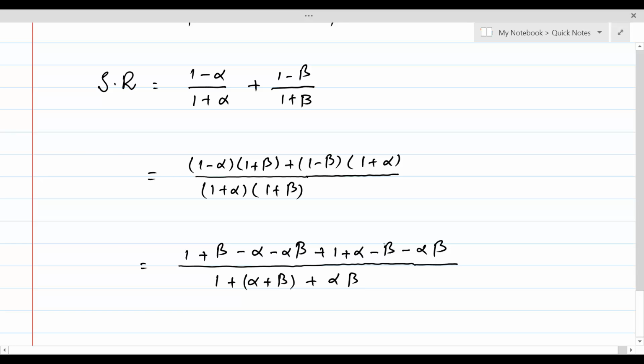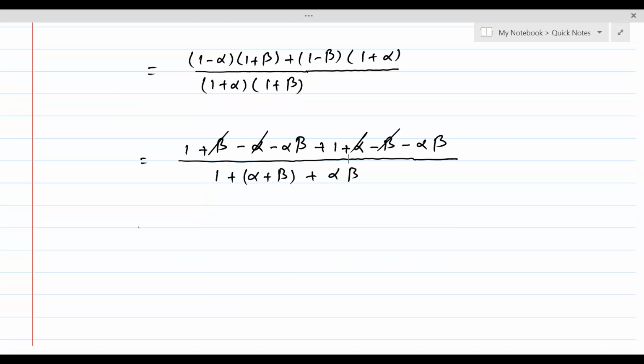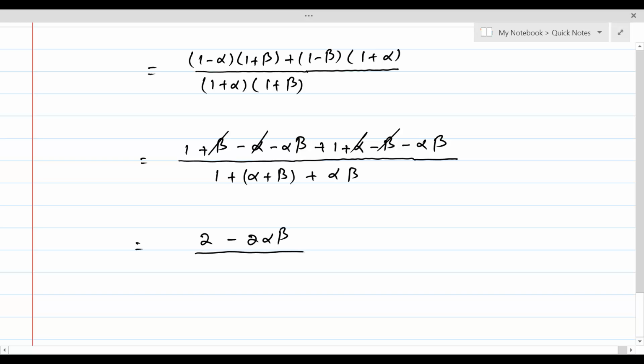We can cross out minus beta with plus beta and minus alpha with plus alpha. So if we add up in the numerator, that will give us 2 minus 2 alpha beta over 1 plus alpha plus beta plus alpha beta.